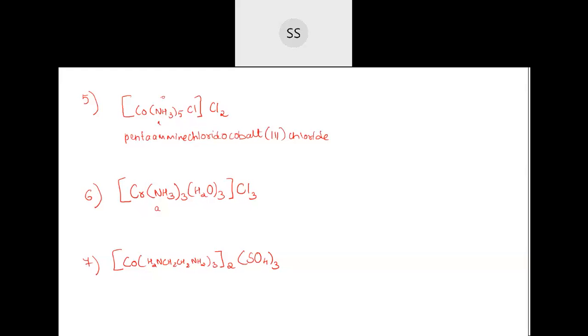Ammine comes first, so you will name ammine first. Then you have to go for aqua. Now name them. And it's the Cr group. Cr is chromium.